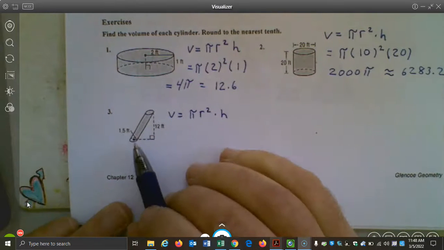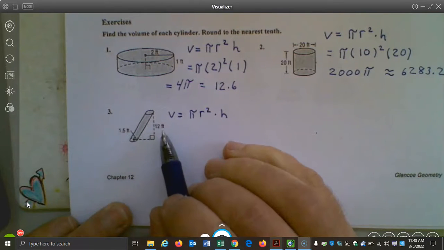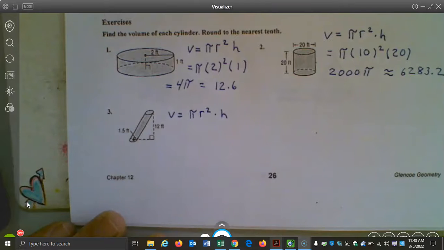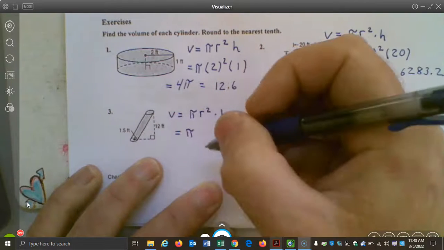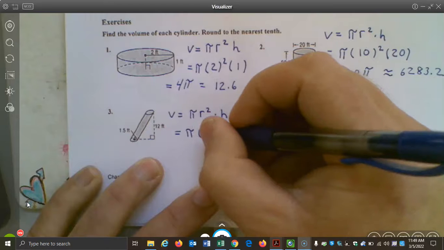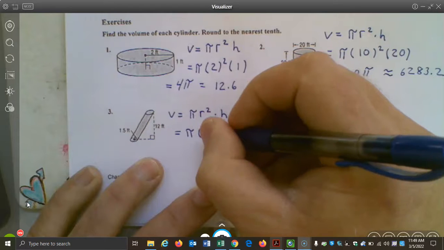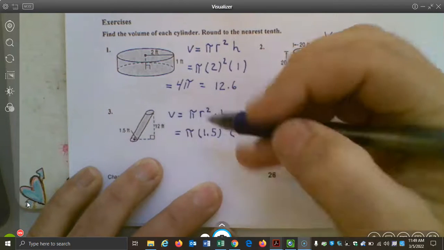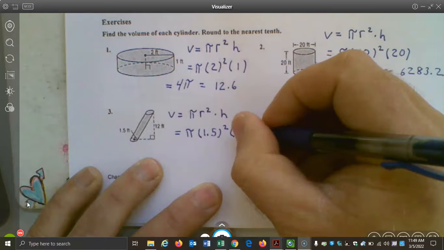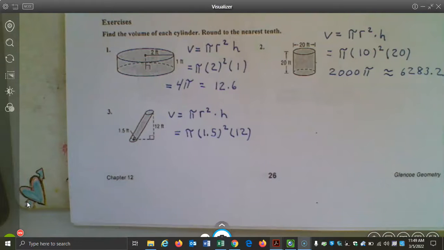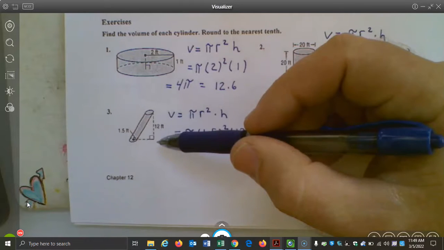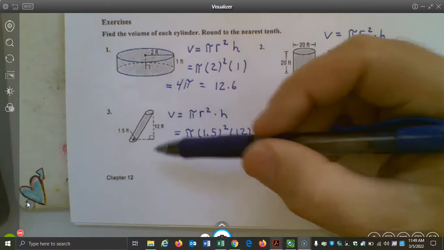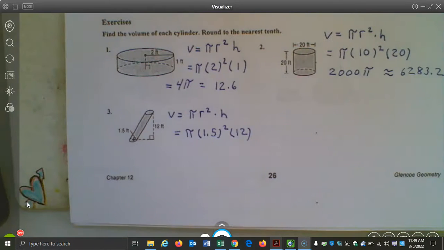And we still can see that the radius is given, the height is given, so we're still just going to plug it into our formula like we typically would. So they're telling us down there at the bottom that we have a radius of 1.5. And we can see the height from bottom to top is 12. It's always important, when we're using height for volume, that our height is always perpendicular to the base, right? And so that's why you can see the way this is drawn. Obviously, it's perpendicular to the base, and so that's why we can use it as our height.